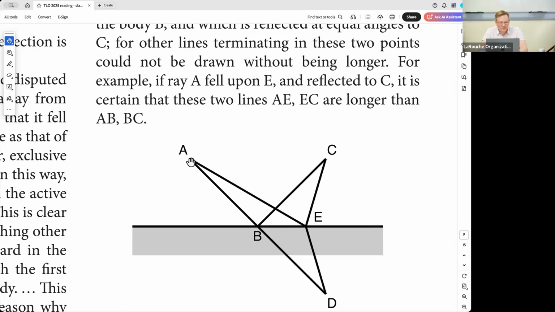He's saying, well, because the path it actually takes, A, B, C, is a shorter total distance than path A, E, C. Therefore, the light can't bounce from E to C, but only at B. He's about to say why that's true. I just wanted to make sure that what he was claiming was restated.